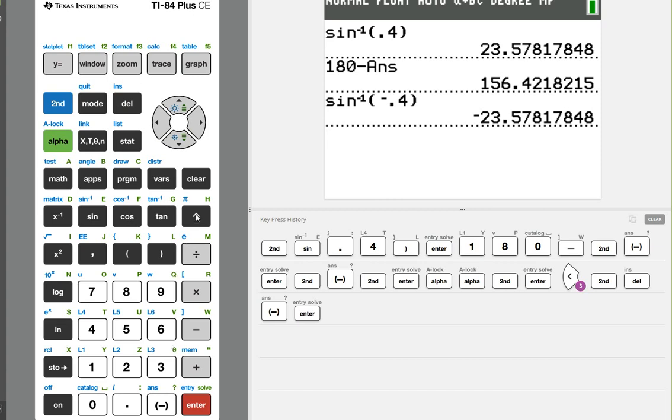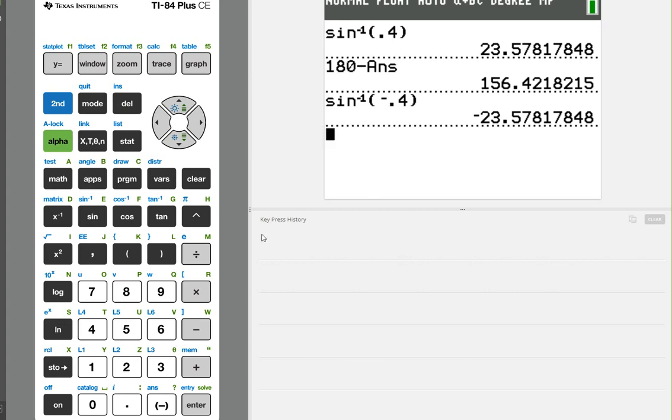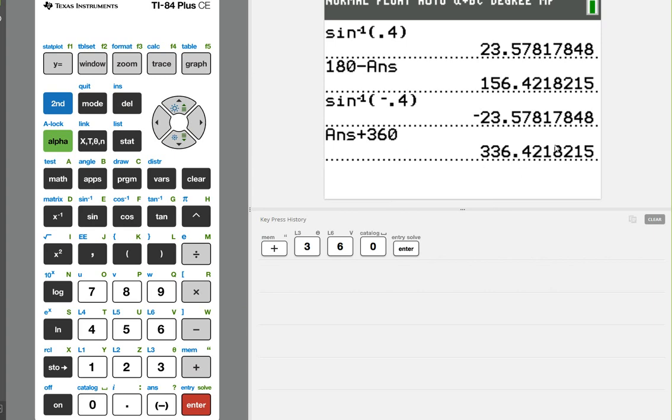There you go. So it gave me a negative number. Okay, that's not a big surprise because sine inverse has a range of negative 90 to 90 or from negative pi over 2 to pi over 2. So Hamza said add 360. Great. That gives me this answer right here, 336.4218.